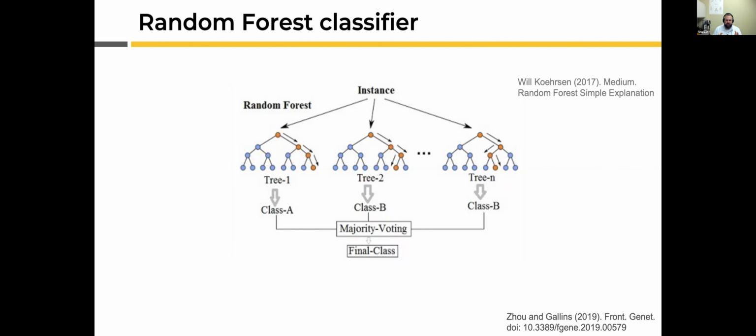So we've gone through all the training data, and now each tree is presented with an example of one of the test data sets, and is asked to classify it. And if 60% of the trees say that this is class A, then that sample is graded as class A.